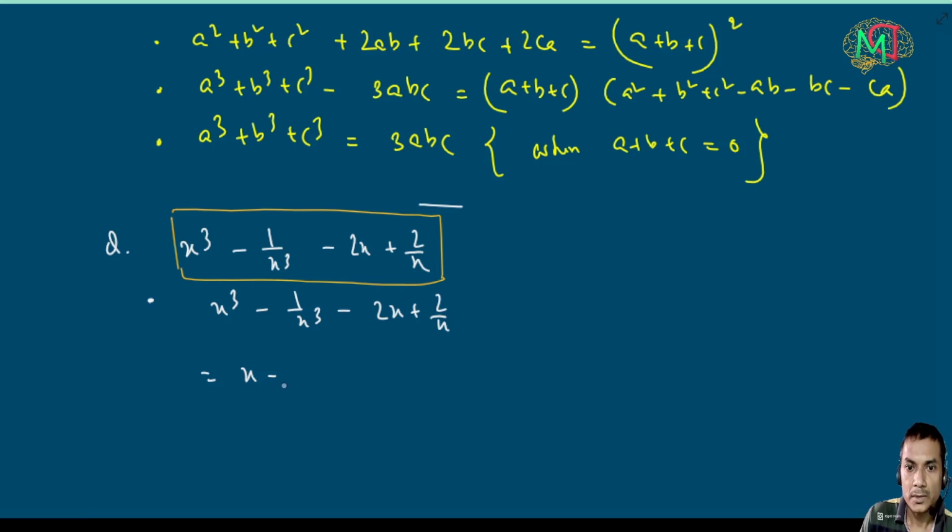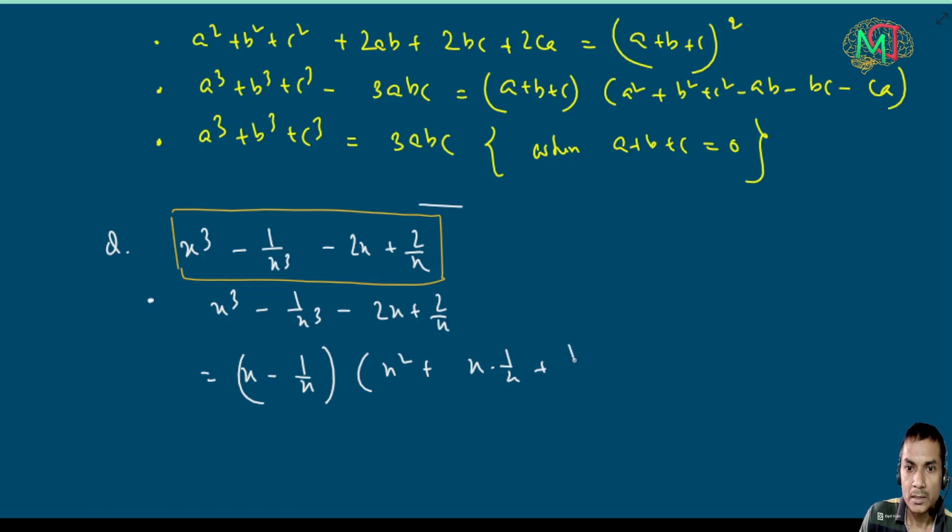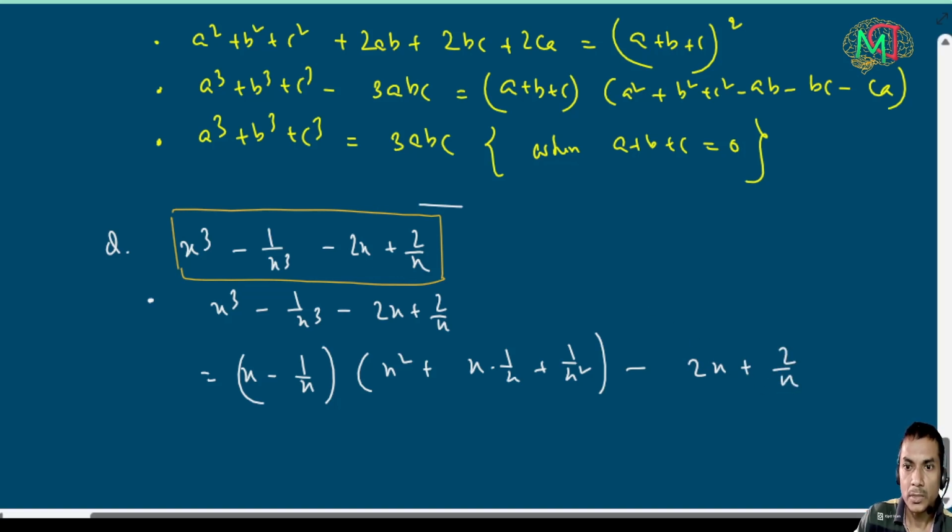So a cube minus b cube is a minus b into a square plus ab plus b square, okay. And here it will remain 2x plus 2 by x, or simply you can take 2 common, then what remains is x plus 1 by x, plus 1 minus x.